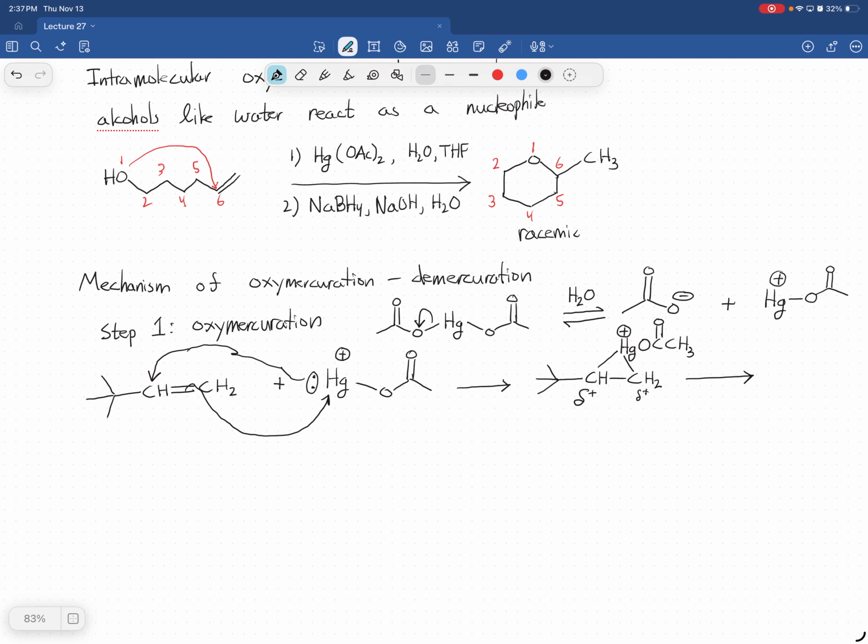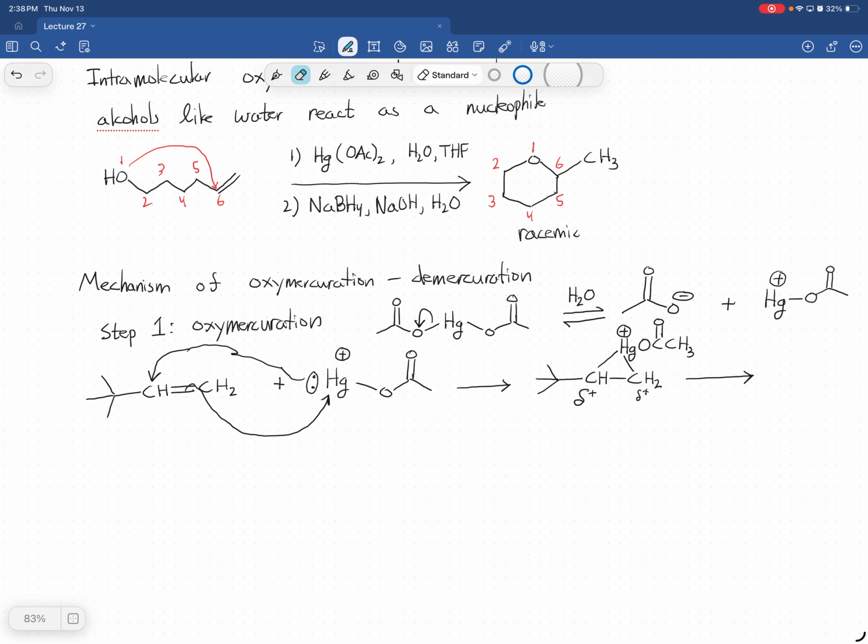So water here, being a weak nucleophile, prefers to attack. You can think of this as an epoxide. Remember my epoxide, when it was protonated? Which side did we attack preferentially? The more substituted, right? So the more hindered side.